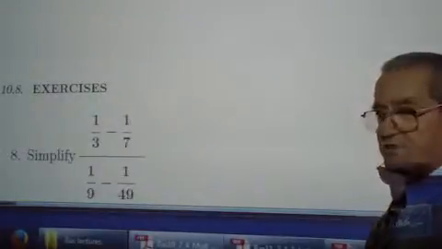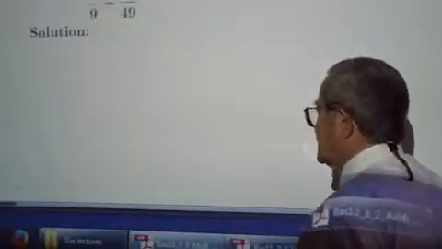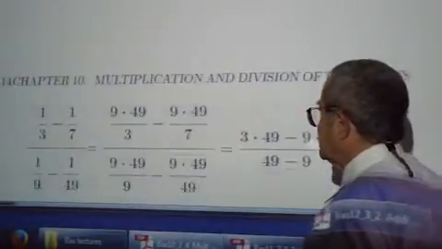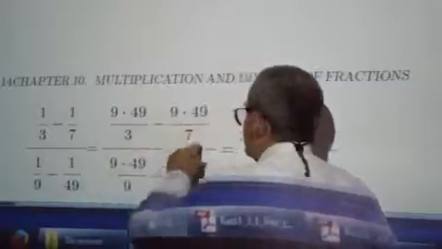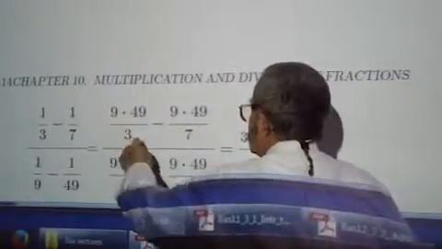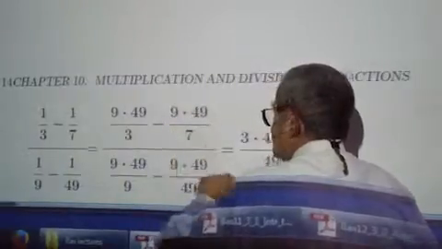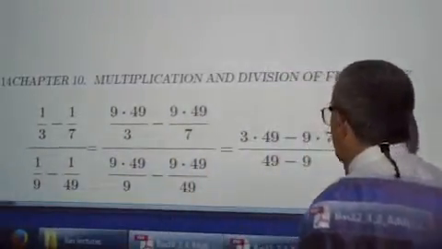Then we wanted to simplify 1 over 3 minus 1 over 7 divided by 1 over 9 minus 1 over 49. The least common denominator is 49. Multiply by 49 over 49. Distribute. 1 times 49, 49, 49, 49. 9 over 3 gives you 3. 49 over 7 gives you 7. 9 over 9 gives you 1. 49 over 9 gives you 1.